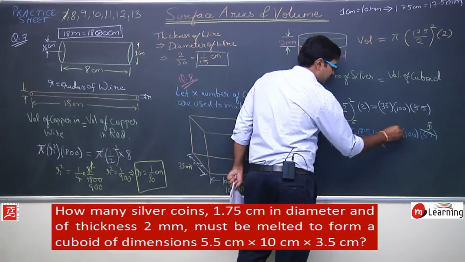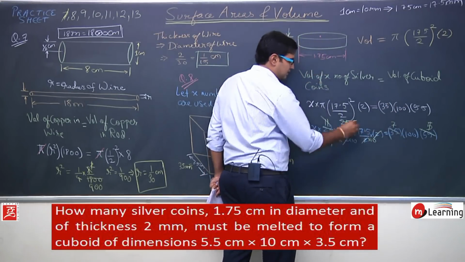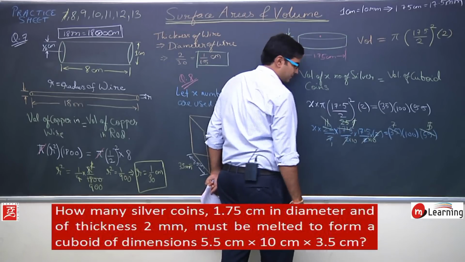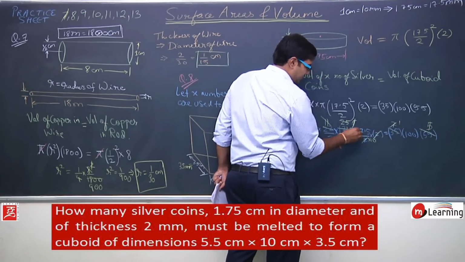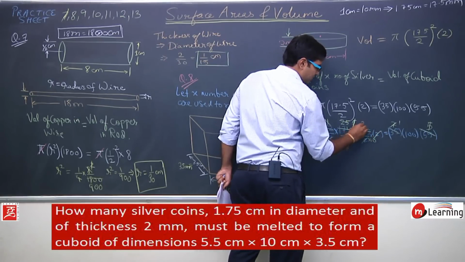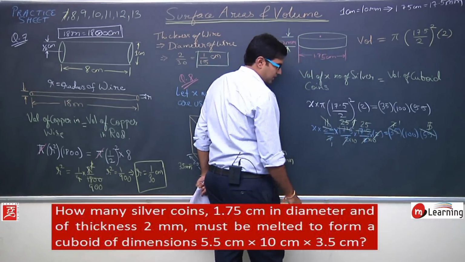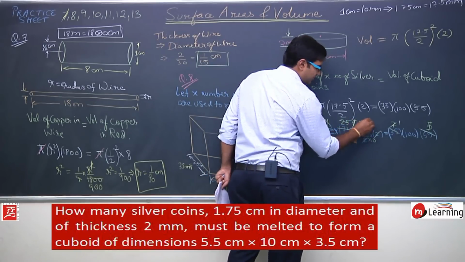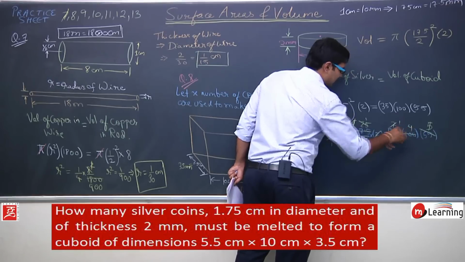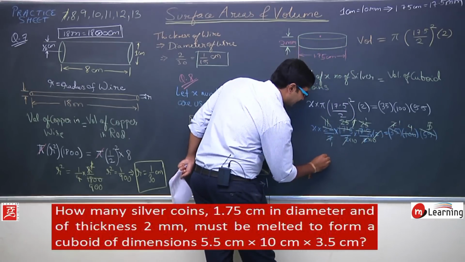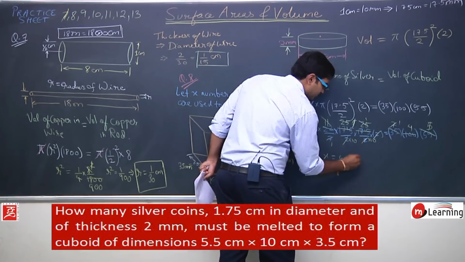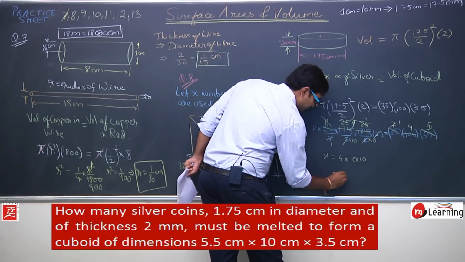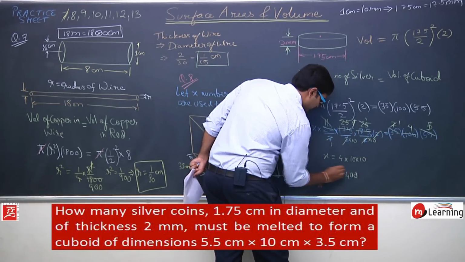Then 5 7s are 35 and this will give you 5 ones are 5. Then 7 ones are 7 and 7 25 times. So further 25 as 1 and 25 fours are 100. So you will get x is equals to 4 into this 10 and this 10. So you will get x is equals to 400.